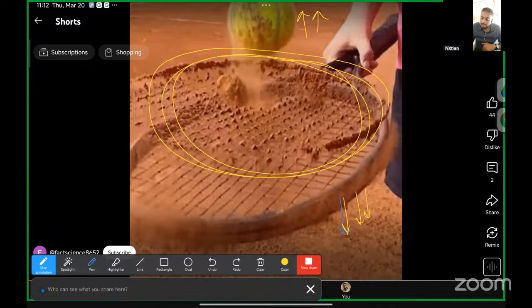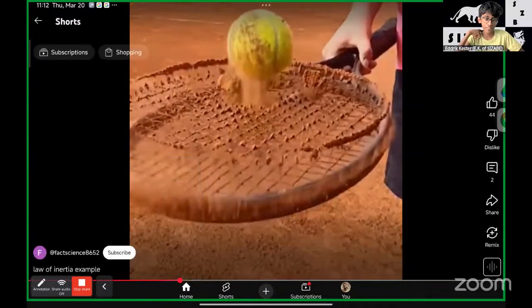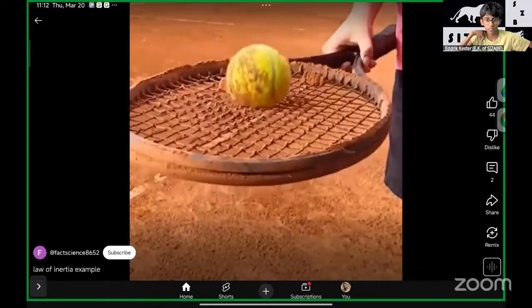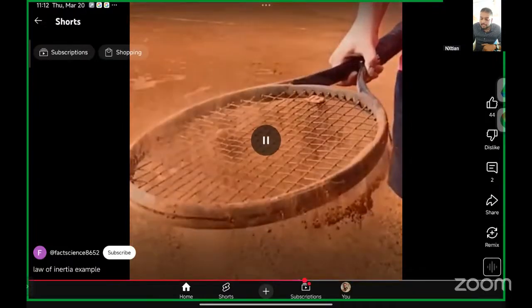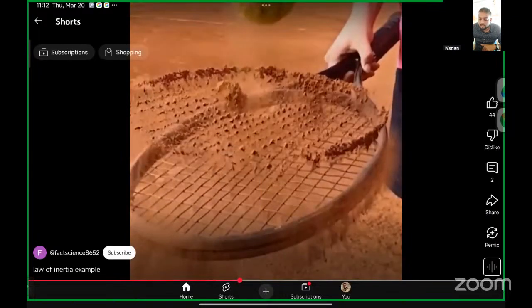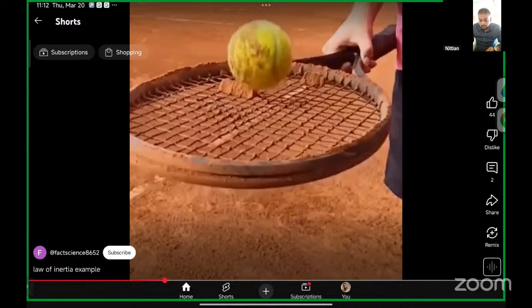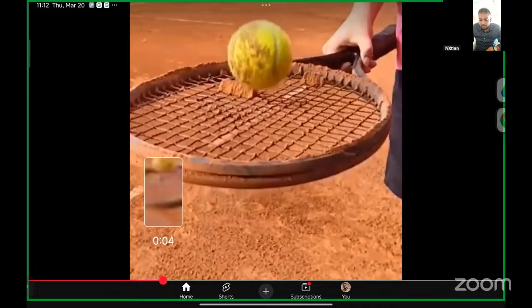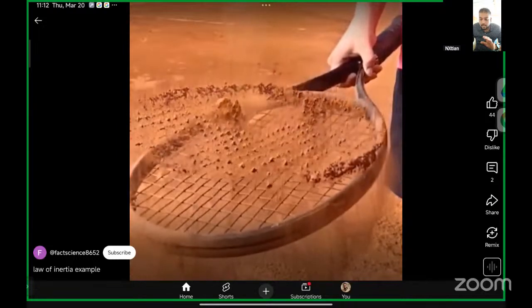You can see that, if I go back, can you see that? For an instant, they will remain in this position. See, now when the ball is hitting, now they are going in the downward direction.